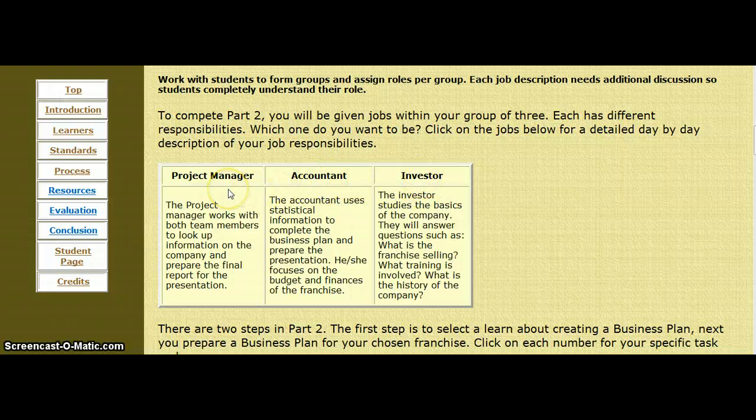For example, if I knew somebody who was a project manager, I'd maybe put together a little clip having them define their job and give examples of projects they worked on, as well as a person who was an accountant, and then finally someone who was an investor, and see if I could interview them on a video camera and add them as little YouTube clips that they could click on to also get a visual representation of the real world example of these roles.